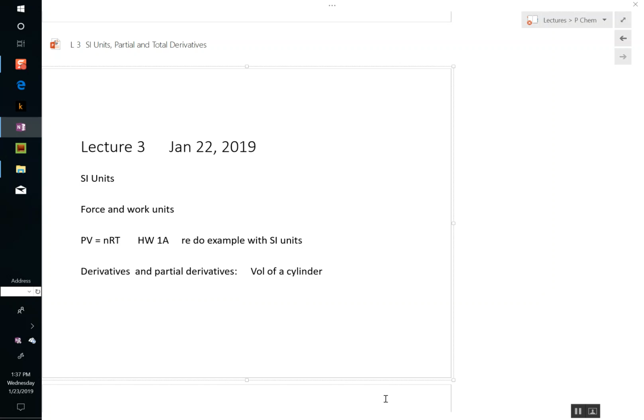It wants you to take the partial of V with respect to P at constant N and T. Similar to what you did here, rearrange this equation as V equals something, and then take the partial of V with respect to P.